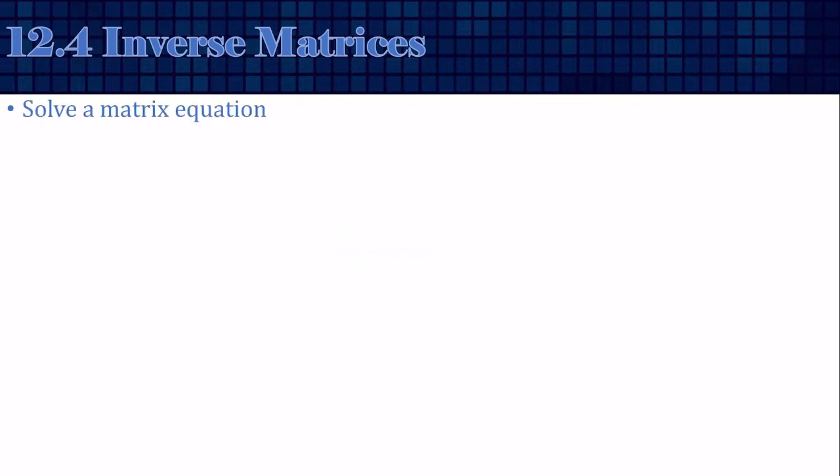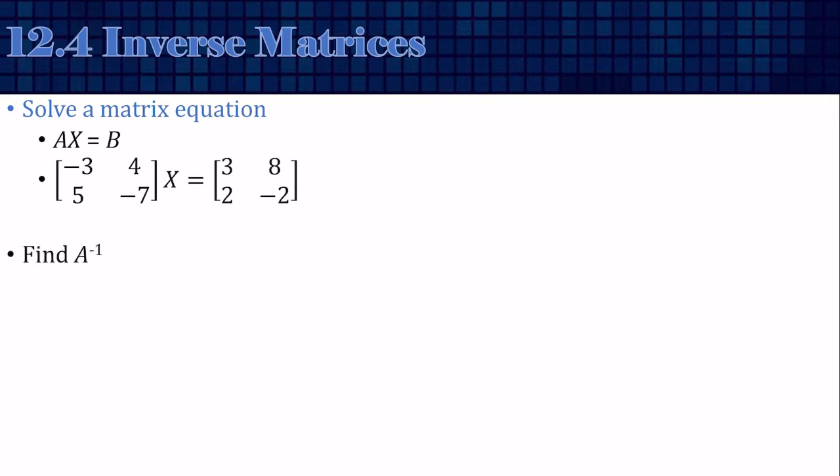All right, so let's solve a matrix equation. So if we're in the form A times X equals B, here's matrix A times X equals a matrix. So to solve this equation, we need to get rid of matrix A by multiplying by its inverse. So we need to find the inverse of matrix A, that one.